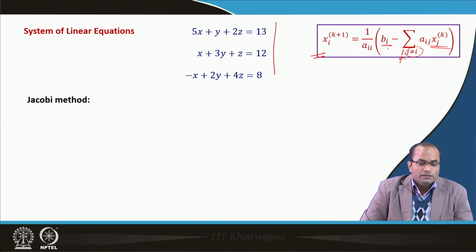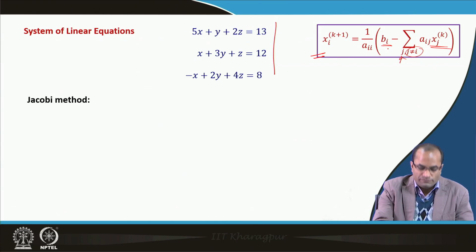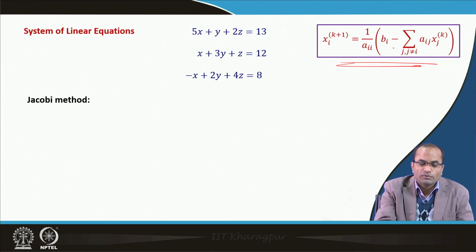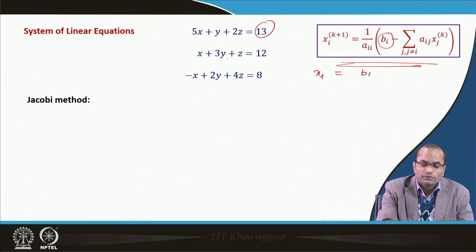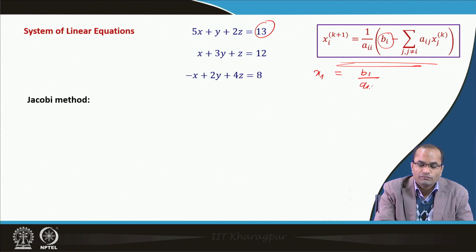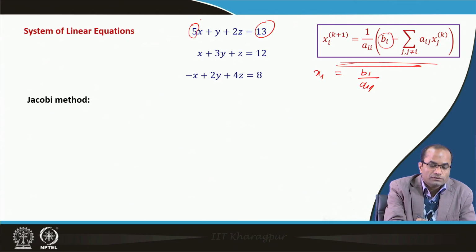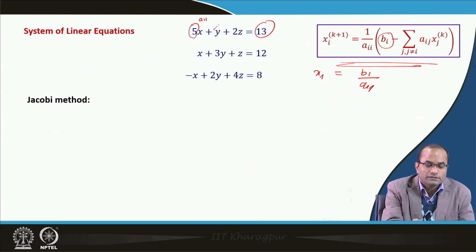To write down the Jacobi method, we do not actually have to remember this formula. What this formula says is that for the right hand side, for example, when we are writing x1, we take b1, that is here already, divided by a11. These are the coefficients. This coefficient is a11, this is a12, and this is a13, and so on.